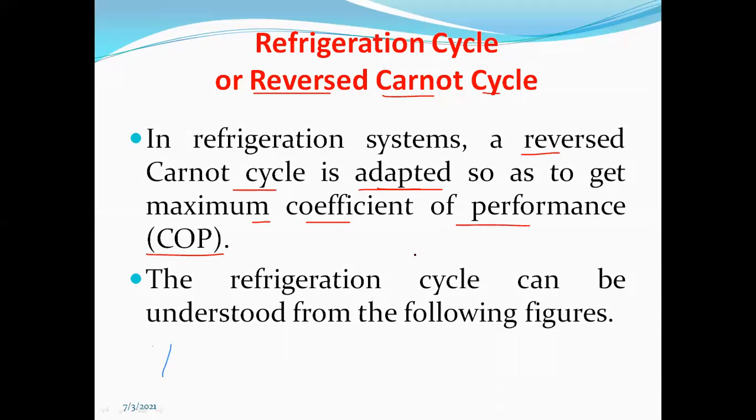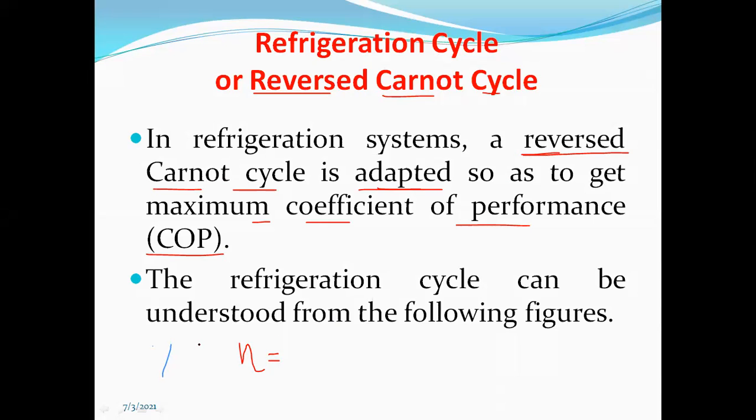In the earlier case, that is in case of all the heat engines which we have studied, the first one was the Carnot heat engine, then the second one the Otto engine, and the third one the diesel engine, we calculated efficiency eta. Here, the refrigeration cycle and air conditioning system are all following the reverse Carnot cycle.